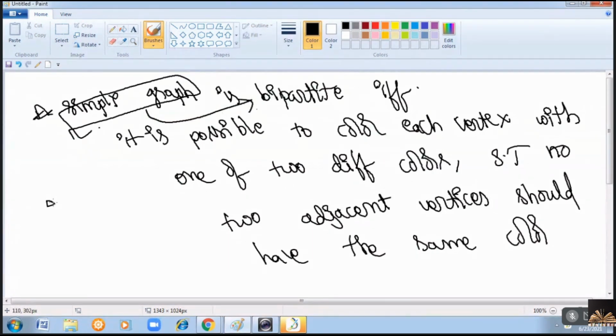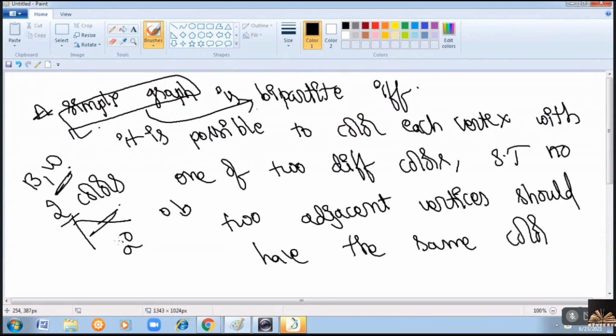So you have to use a maximum of two colors, such that the vertices are colored with either of these two colors. Let us suppose I use black and white. Every vertex should be colored with one of these two colors, such that no two adjacent vertices, the vertices next to each other, are colored with the same color.